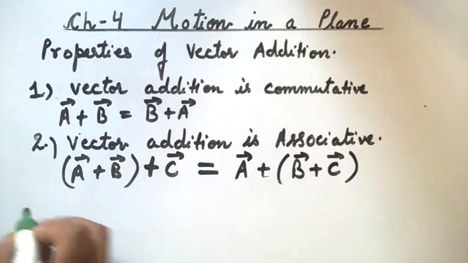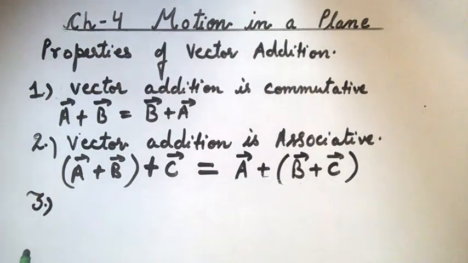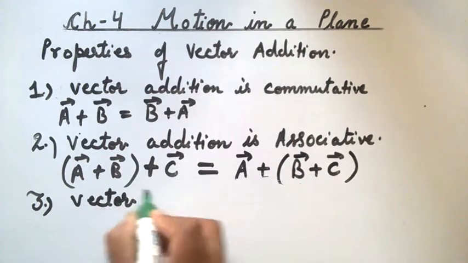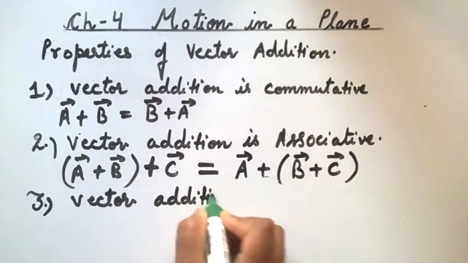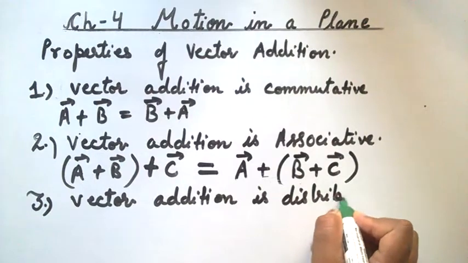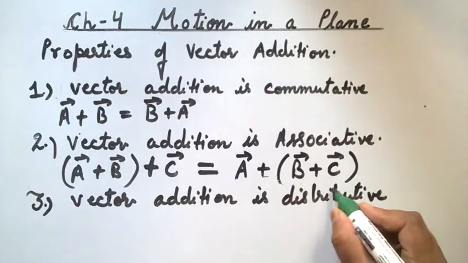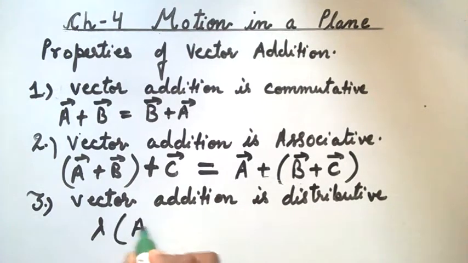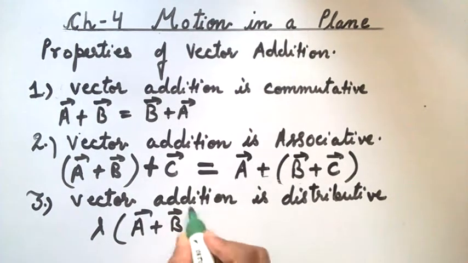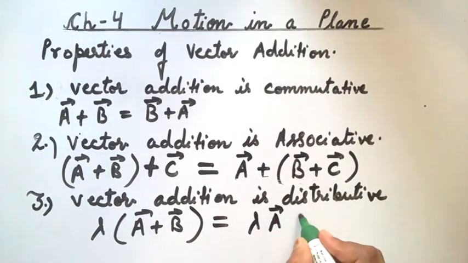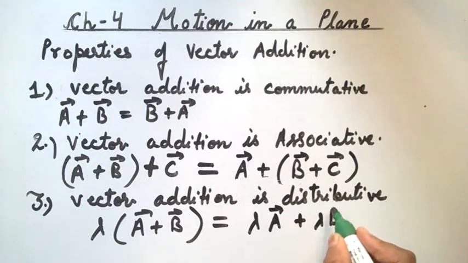The next property is that vector addition is distributive. That is, let us suppose any number given by lambda is multiplied by the sum of two vectors, then it is equal to lambda times the individual vector plus lambda times the other individual vector.